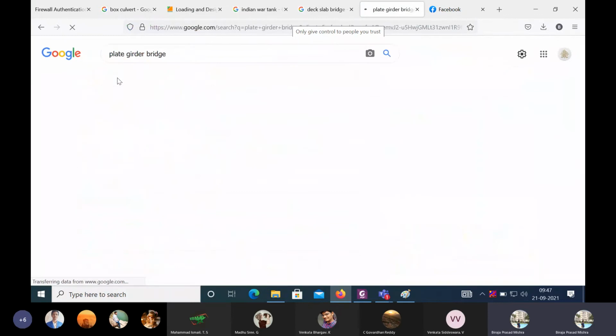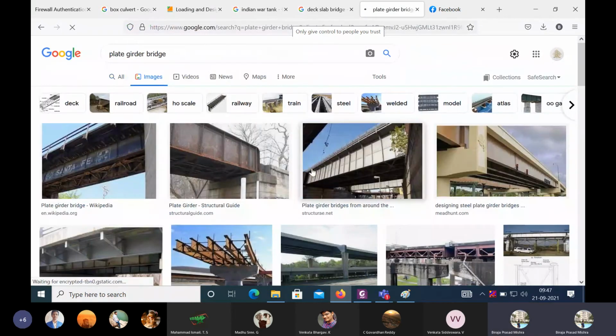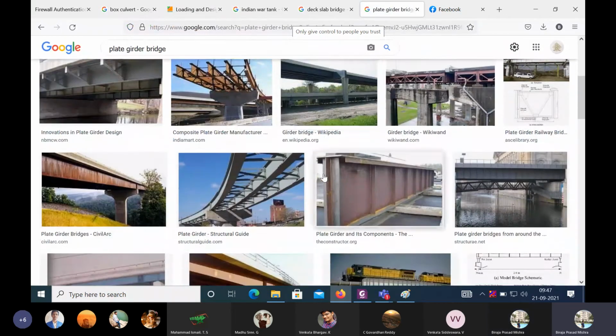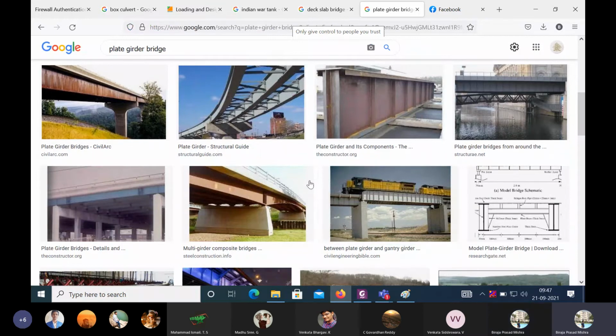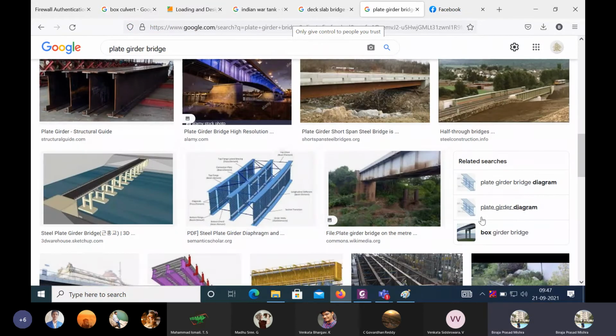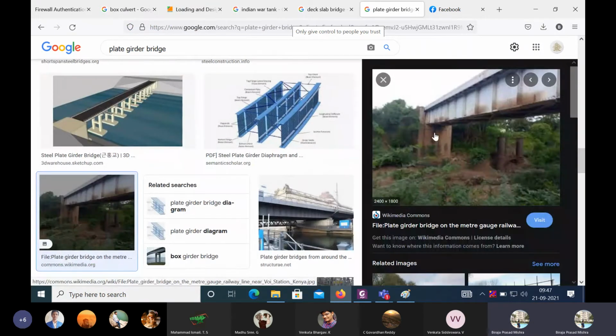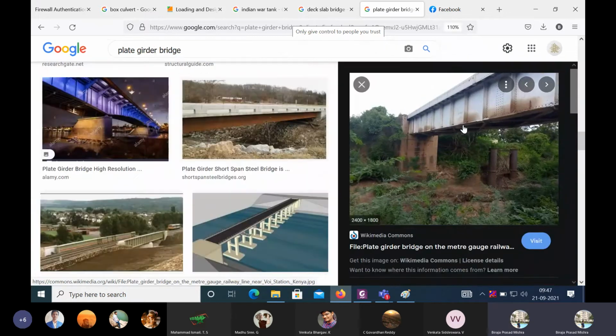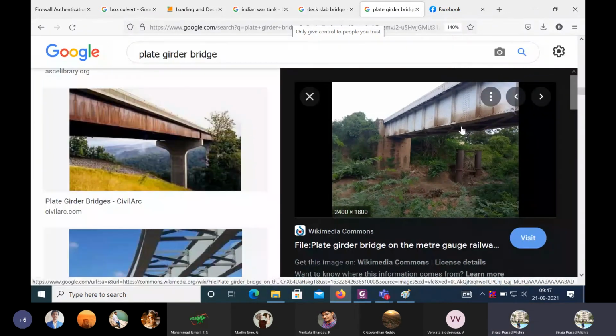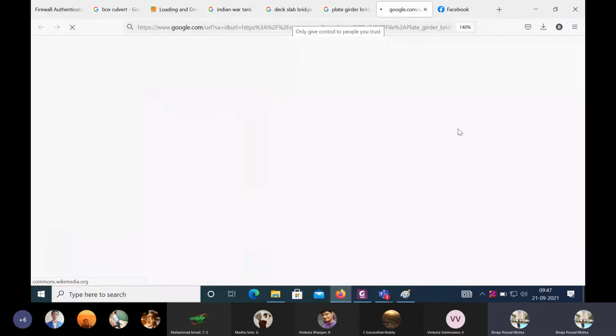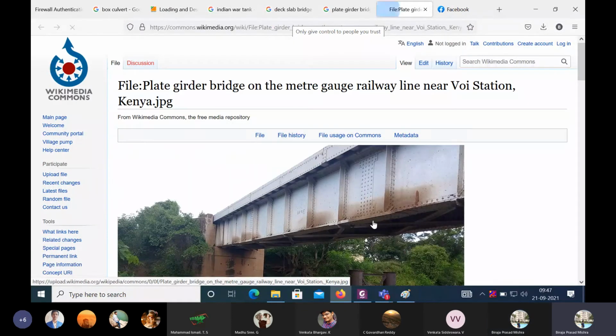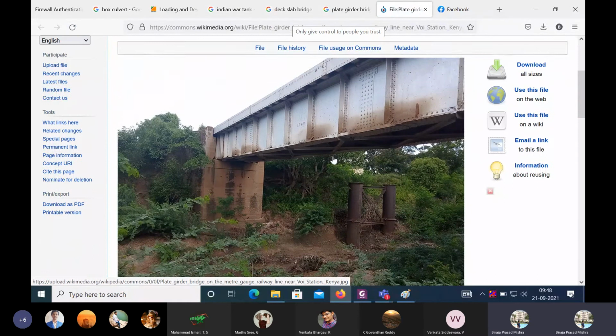Let me open the images for that. Okay, this one is a plate girder bridge. I hope all of you can see this figure. This one is a railway bridge.